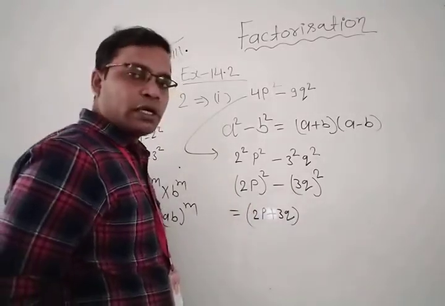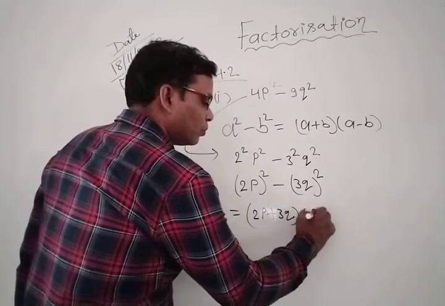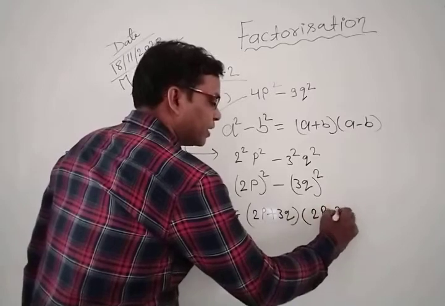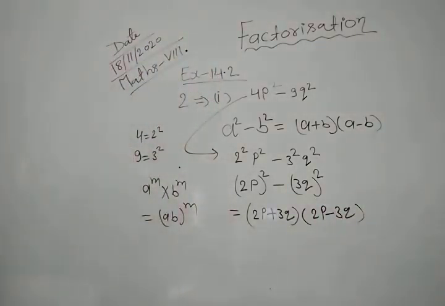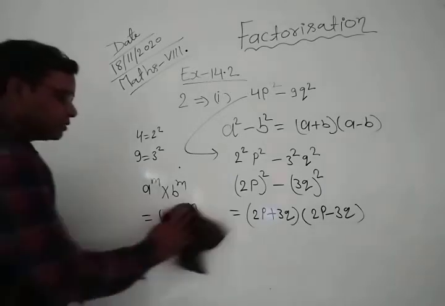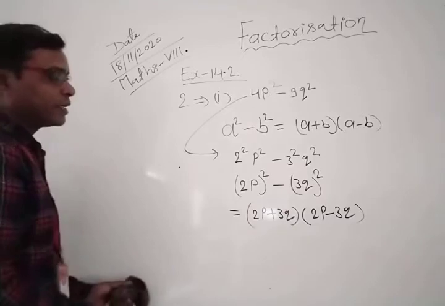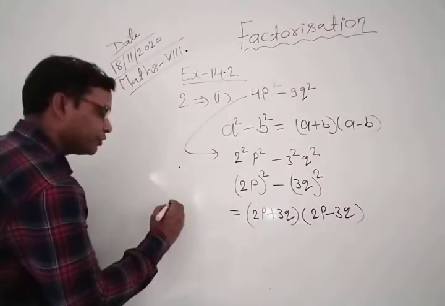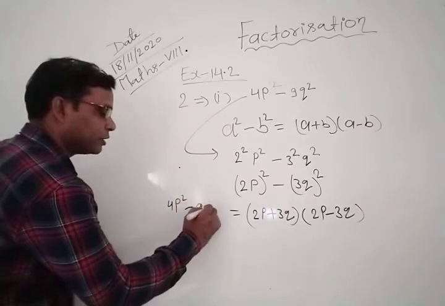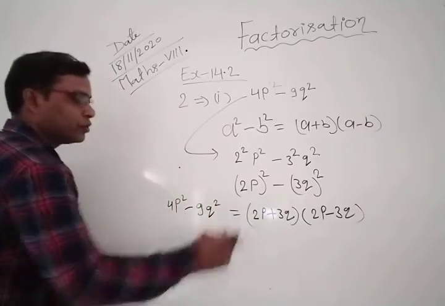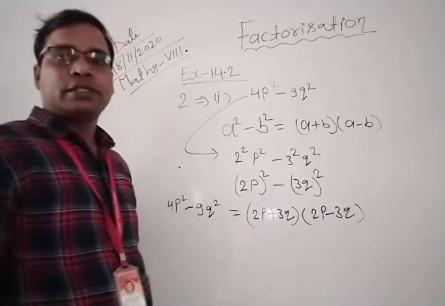So it becomes 2p plus 3q into 2p minus 3q. This is clear? So we have factorized 4p square minus 9q square, which is equal to 2p plus 3q into 2p minus 3q.